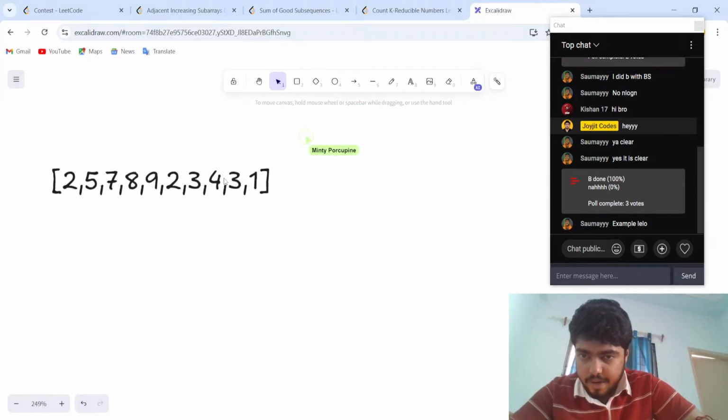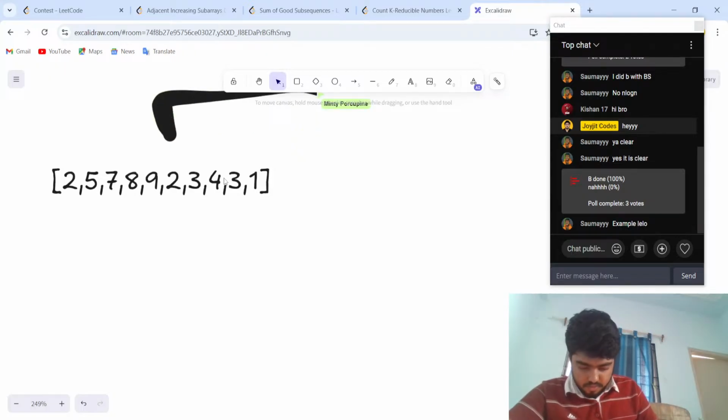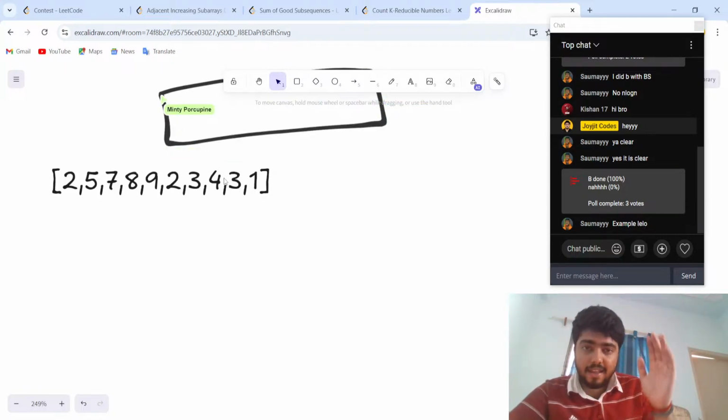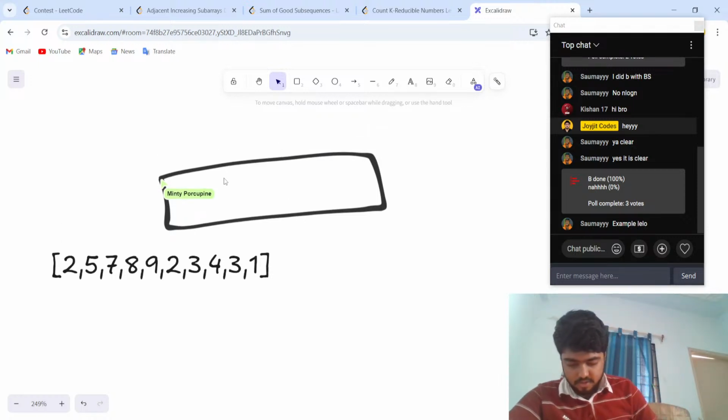This is okay, right? The visibility is okay, right? Okay, now see one thing. If you're taking this example, I'm going to simultaneously take an array for this also.